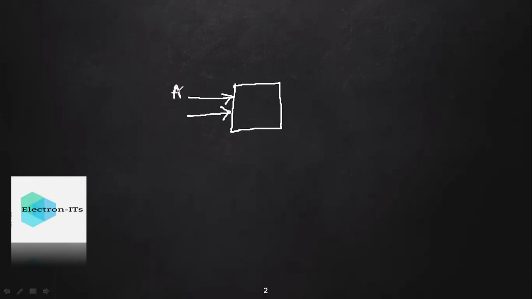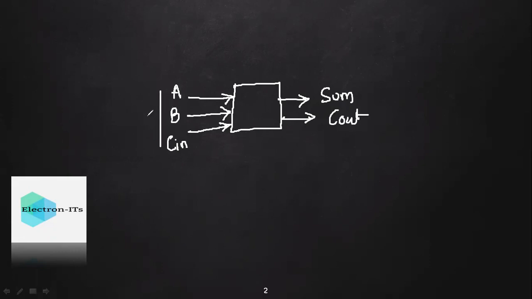So this is input A, this is input B, and we have carry in, which is the third input, and we have sum and carry out. So these are the inputs. We call this portion the input portion, and the sum and the C out will be our output signals. So there are 3 input signals and 2 output signals.